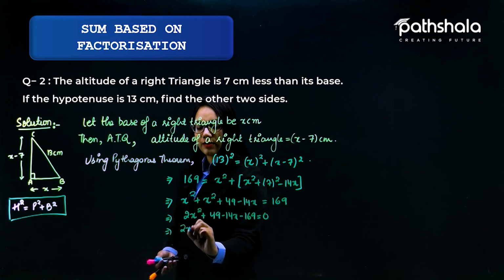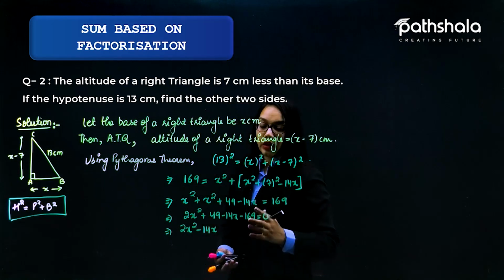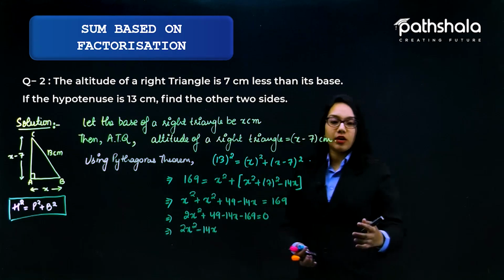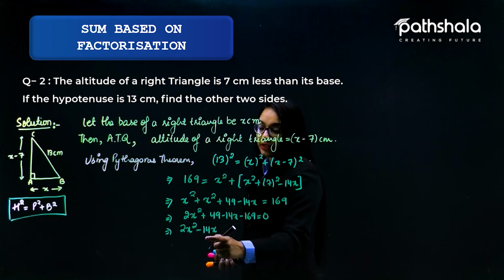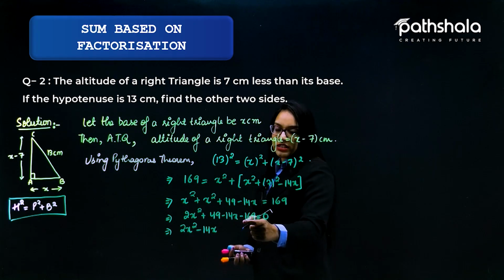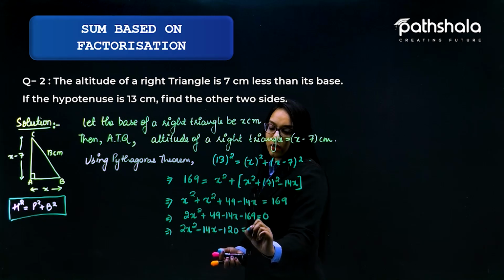Further we can write this equation as 2x square minus 14x, rearranging them according to the descending order of the degree of the variable x. So minus 169 plus 49 would be minus 120, which is equal to 0.